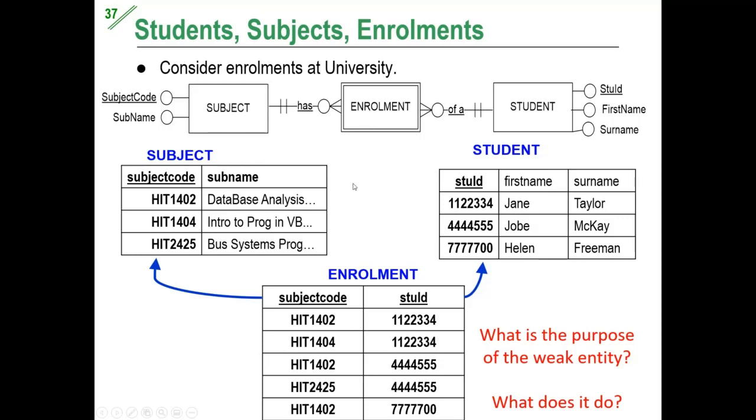So we need to borrow the subject code and the student ID, and then we can define the primary key as subject code and student ID together. And the subject code and student ID act here as foreign keys as well.